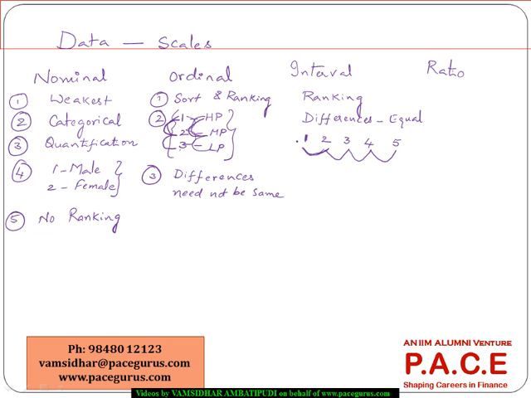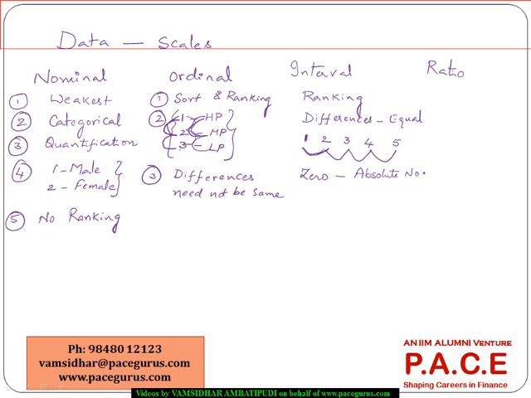The gap between highly dissatisfied and dissatisfied is the same as the gap between highly satisfied and satisfied. If that assumption holds, then we call that kind of data interval data. Otherwise I have to treat it as ordinal data itself. But the biggest problem here is that 0 here does not mean absolute nothing.